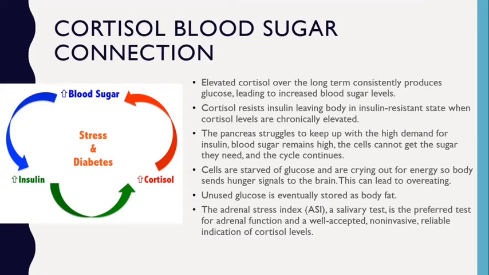So I think a lot of people don't realize that stress does affect blood sugar, and it's so important. And I wanted to put this in there because if this is something that you feel like might be happening to you, there's something called the ASI. It's a salivary test, and you can do a mail-in test, and it tests your adrenal function.